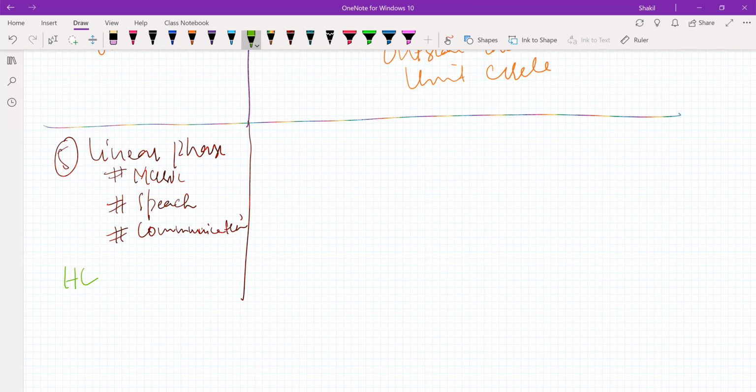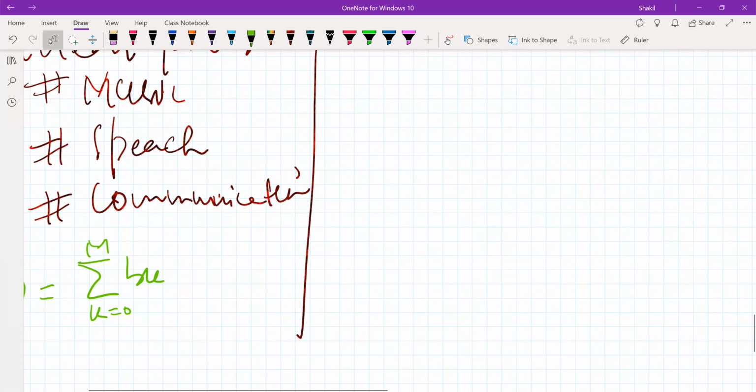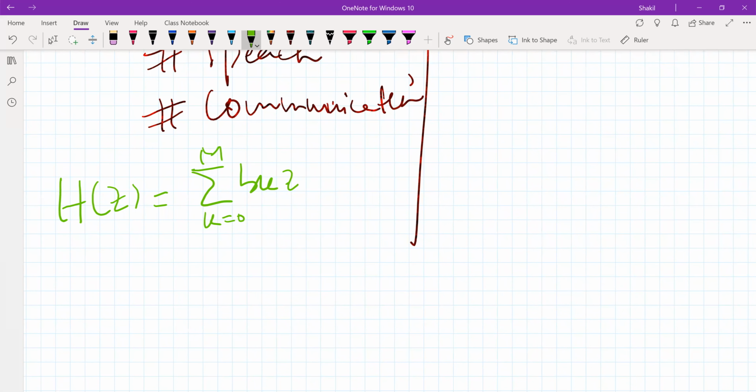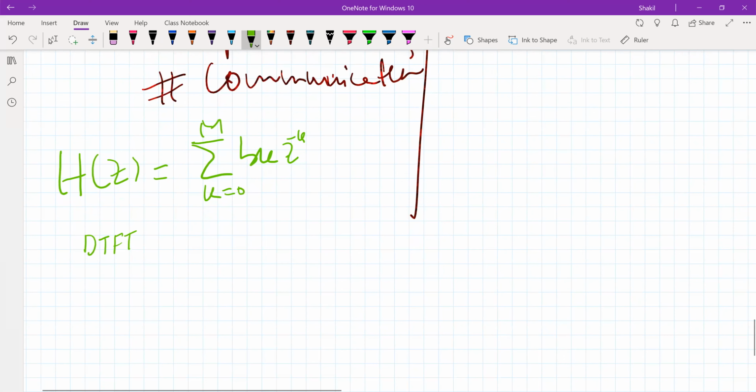We know H(z) is the Z transform of an FIR system. We obtain it as the summation from 0 to M of d_k z to the power minus k. Now how do I obtain the discrete time Fourier transform of this? You remember, just put z equal to e raised to the power j omega. That will give us H of omega.